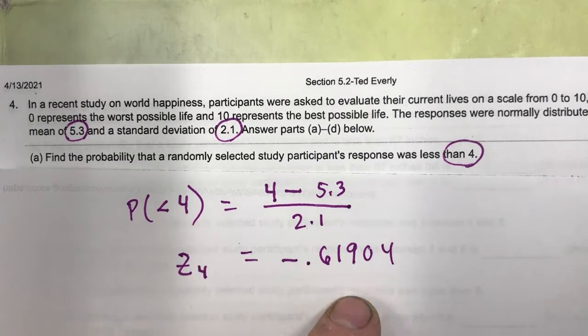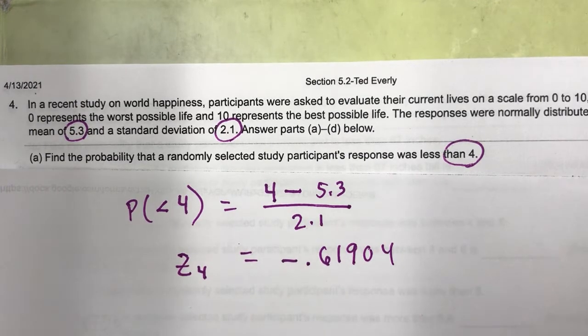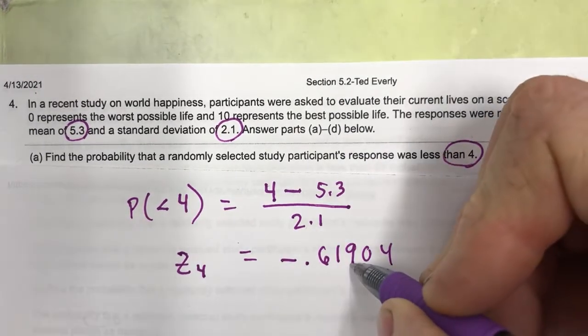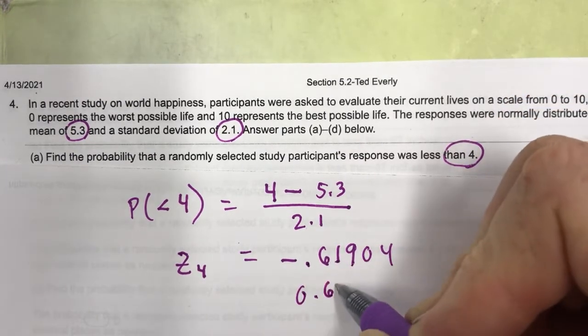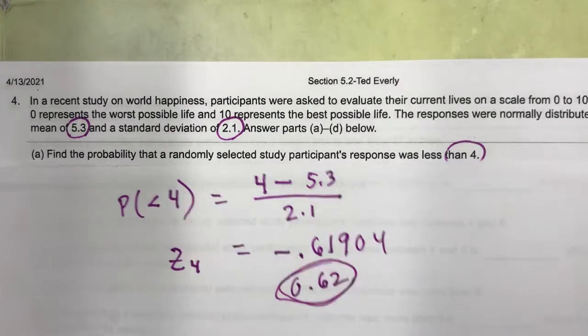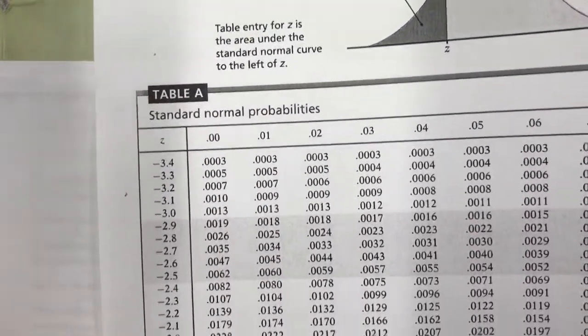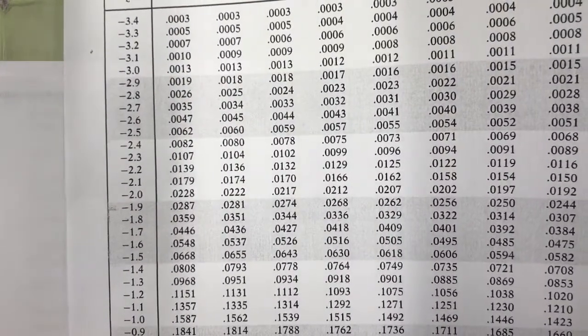So now I look this up on the table. Now I just have 2 digits. So it looks like this 9 will make this 1 go up to 2. So 0.62 is what I'm going to look up. So 0.62 is right here.